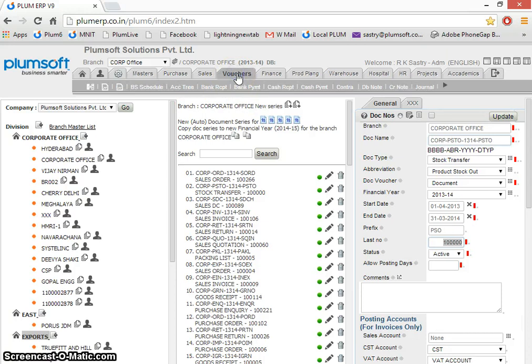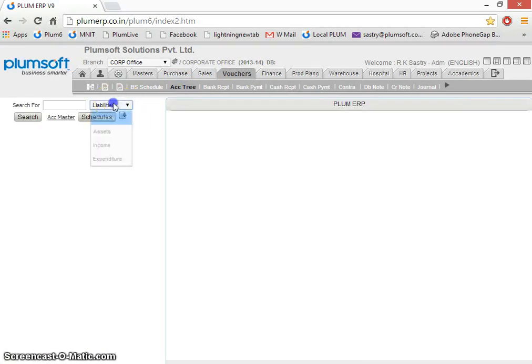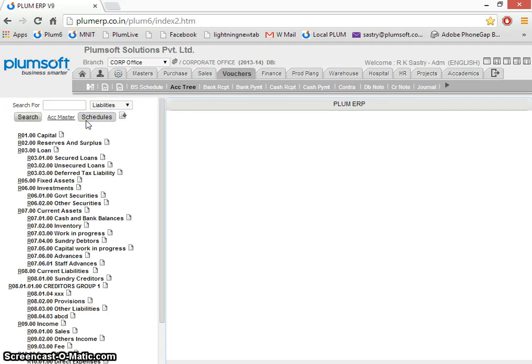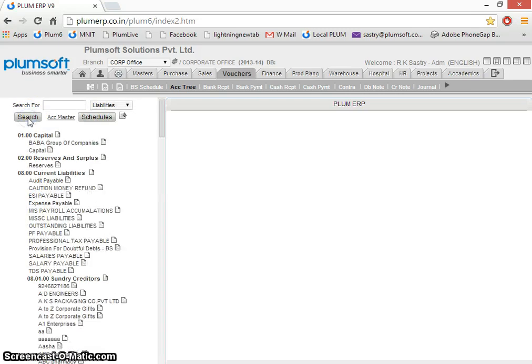So let's try to create a bank payment. By the way, the entire accounting is managed in the form of a tree, like the assets, liabilities, income and expenditure, and they are managed into different schedules, and under each schedule we have different heads.